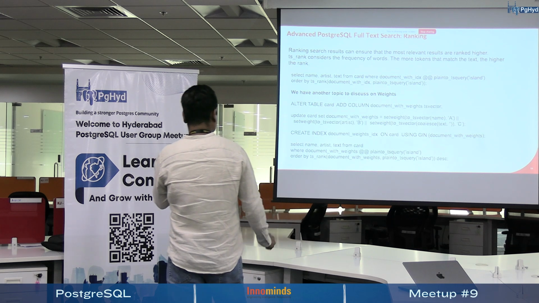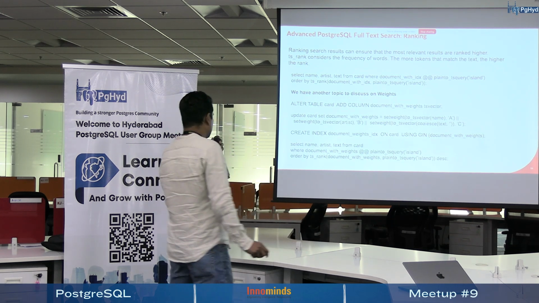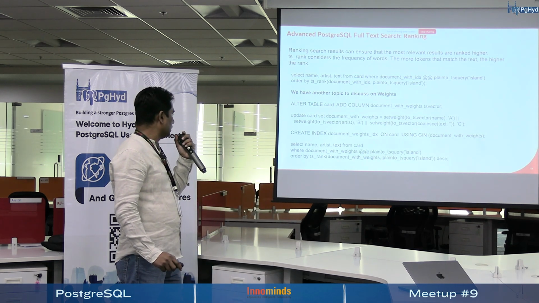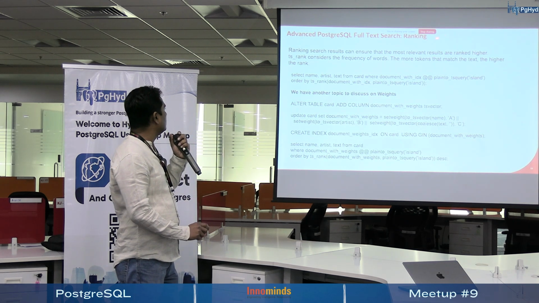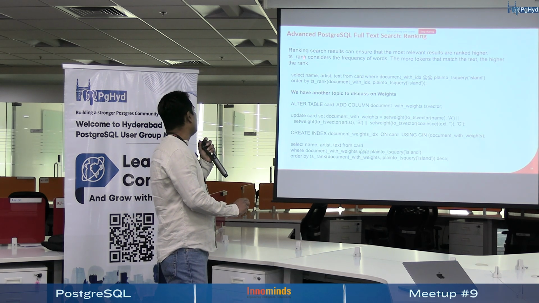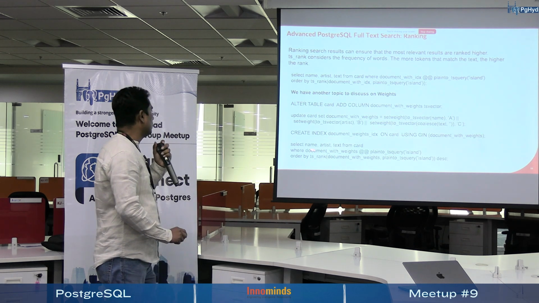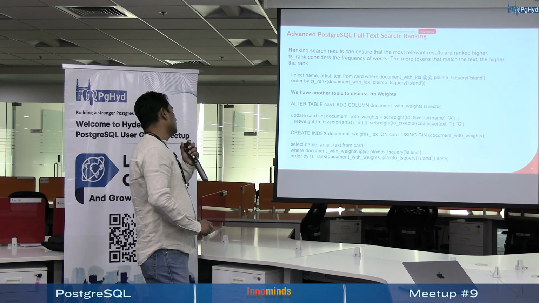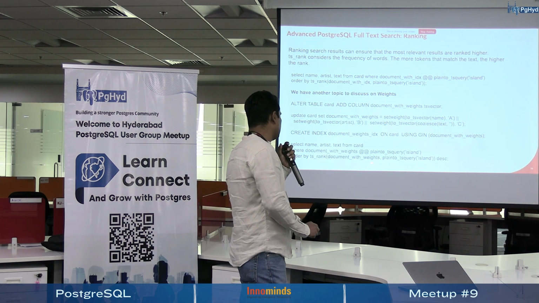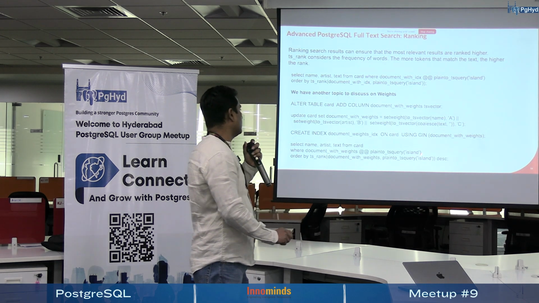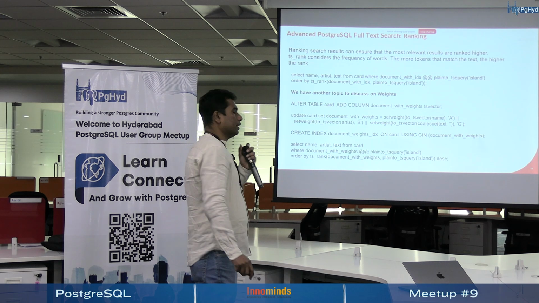Okay, and obviously I forgot to tell you how exactly to use ts_rank: you use ORDER BY here, and then ts_rank, you put the column and then the query, so that you will get the data.